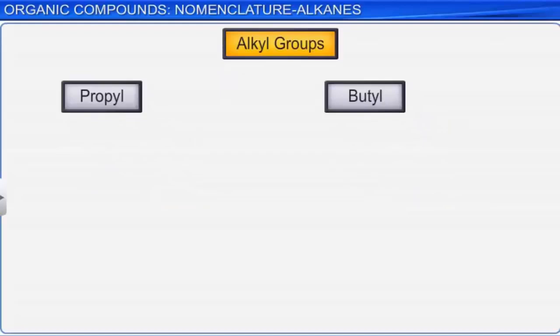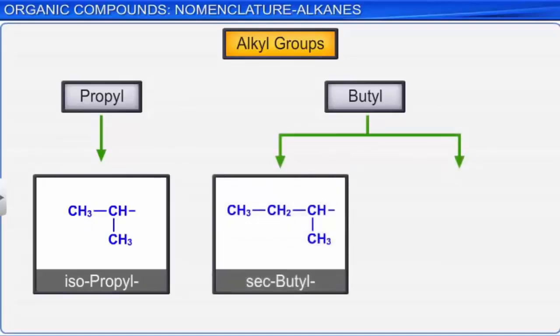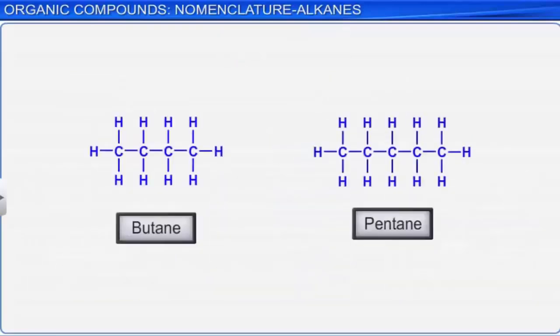The trivial names given for these structures are isopropyl, secondary butyl, and tertiary butyl, as the carbon atom is attached to other 2 and 3 carbon atoms respectively. Now let us see how in the trivial system the various straight chain and branched chain alkanes such as butane and pentane are differentiated.